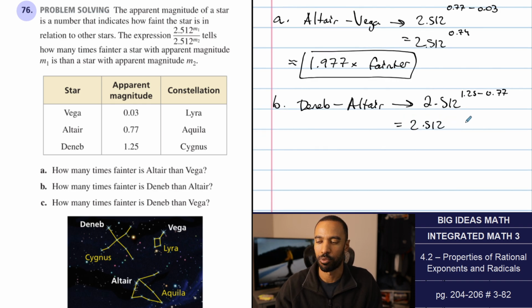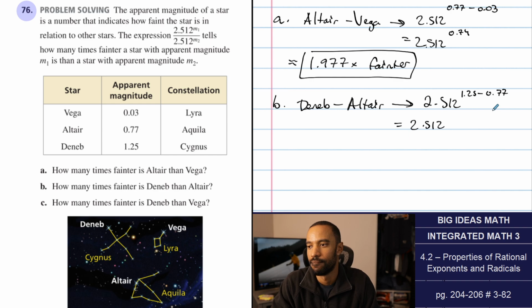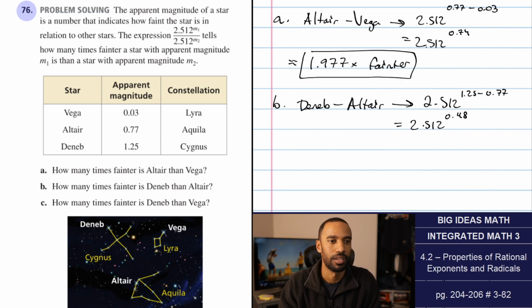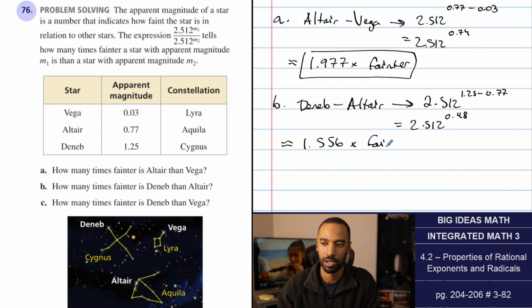Is 2.512 to the 0.48 power. I'm going to go with that. So raise that to the 0.48, and I'm getting 1.555999. It's about 1.56. So 1.556 times fainter.